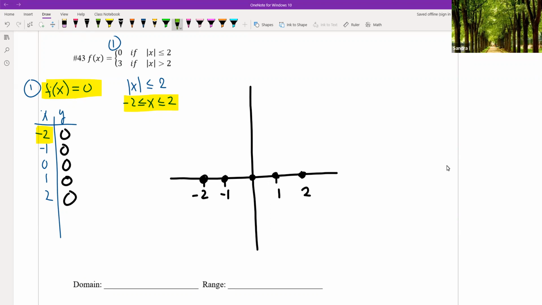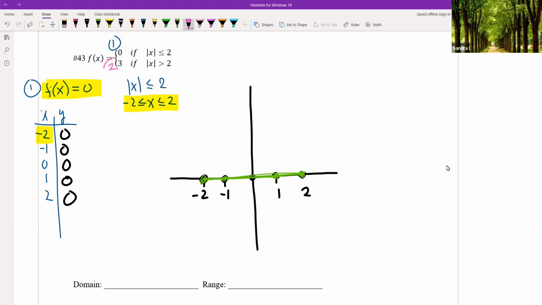Okay, so then the piece of the graph, it's this one. It includes those points, all of those points, okay? This is the piece of your graph. Do not put arrows in this case because this is a piecewise defined function.